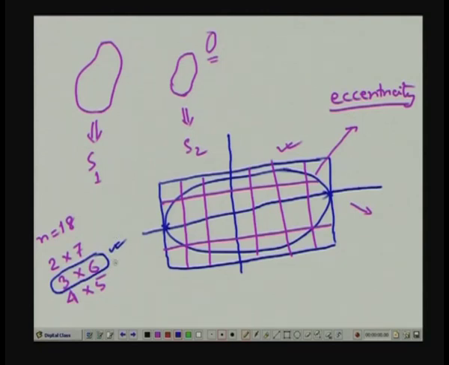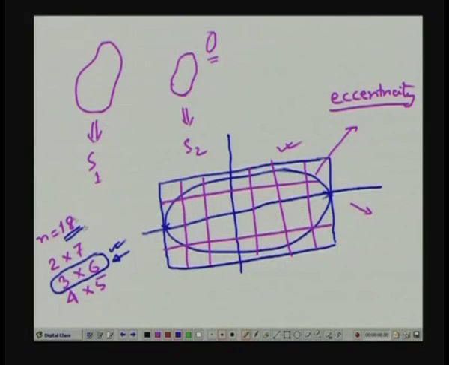And once I have a rectangle of this particular size 3 by 4 fitted into that particular rectangle of specific eccentricity, then using this form of grid spacing, if I generate the shape number, that shape number will be of order 18.